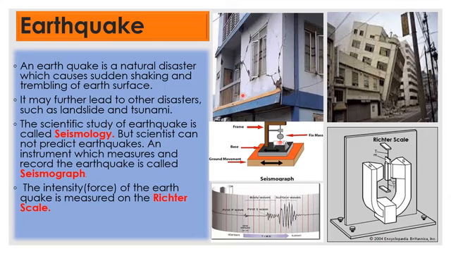The scientific study of earthquakes is called seismology, but scientists cannot predict the earthquake. An instrument which measures and records the earthquake is called a seismograph. It looks like this. Whenever there is movement, the heavy ball, a fixed mass, keeps swinging, it starts moving, and this kind of pattern is created which shows the sudden movement on the surface of earth.